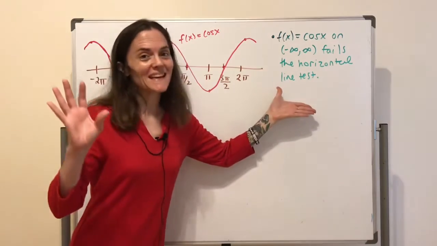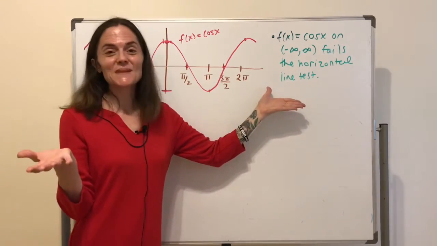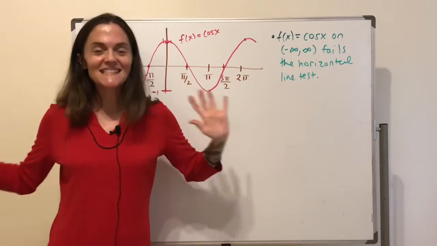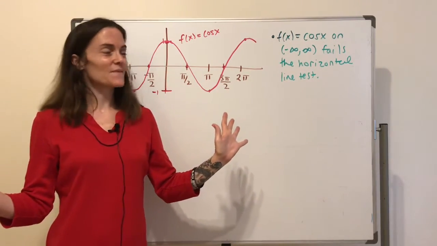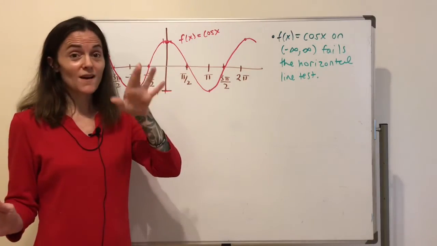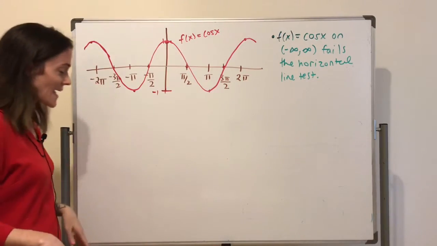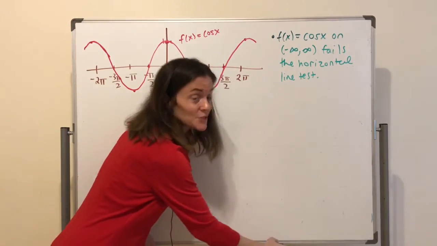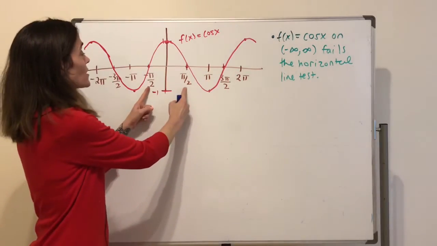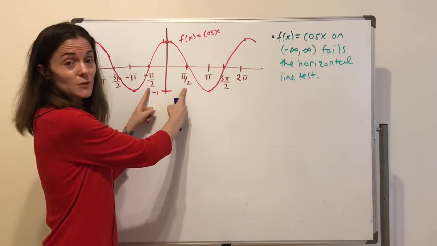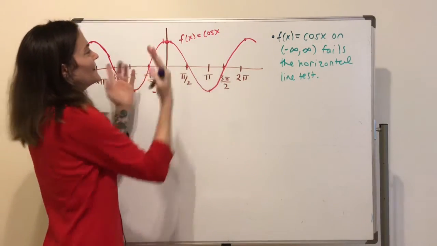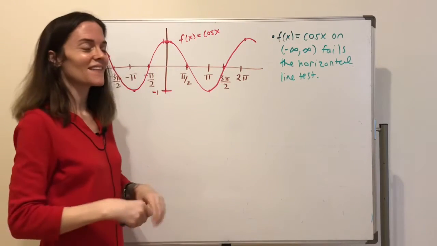And in green, just as we had for sine, if you consider cosine on its natural domain, -infinity to infinity, it fails the horizontal line test. Now, we can't just do the same restriction because -pi/2 to pi/2, the restricted domain for the sine, still fails the horizontal line test.